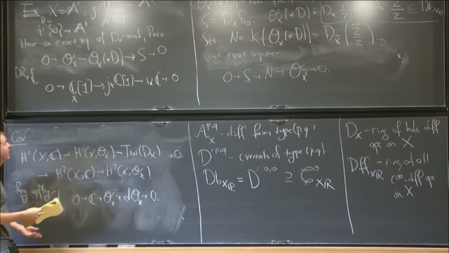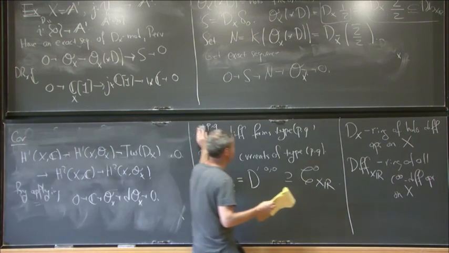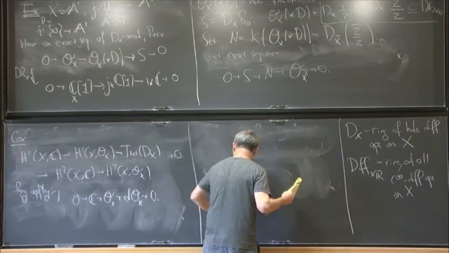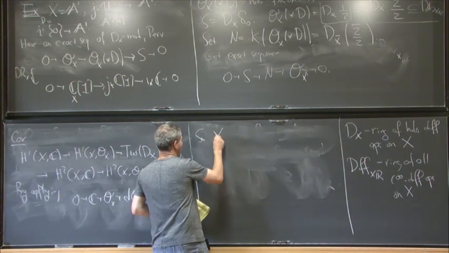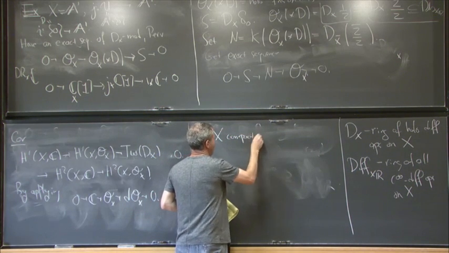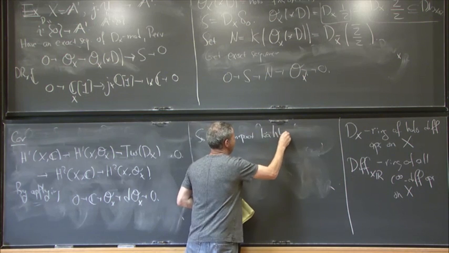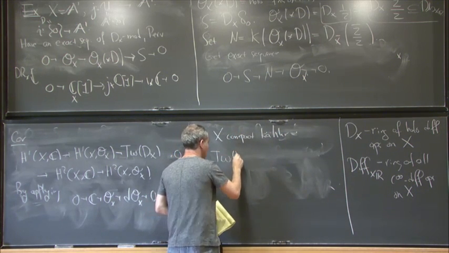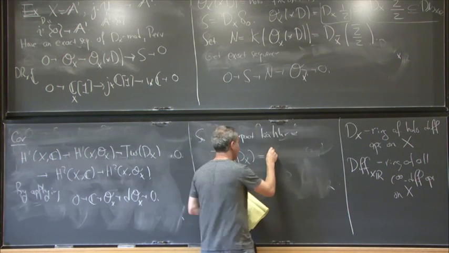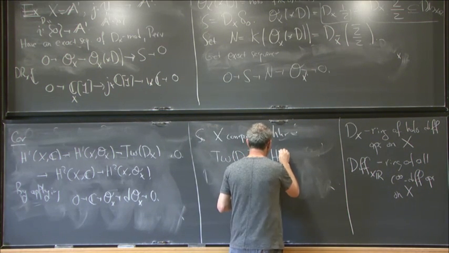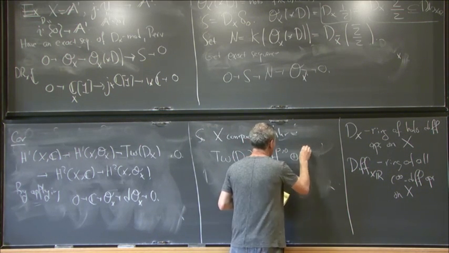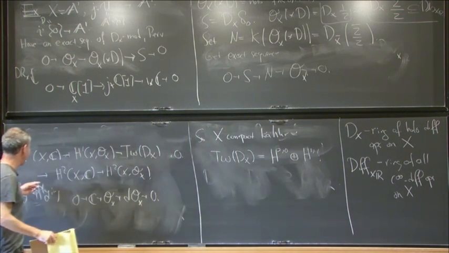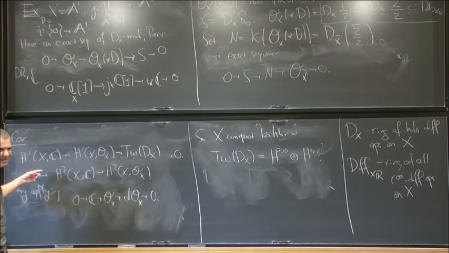So if X is compact Kähler, which is a good case to care about, then the isomorphism classes of twisted differential operators is just H^{2,0} plus H^{1,1}. You all probably see that.